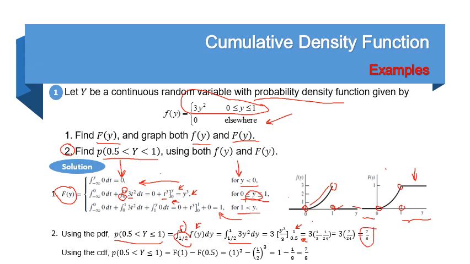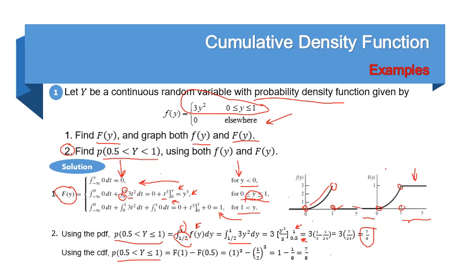You can do it using a different technique by looking at the function itself. If you need the probability that your y is between 0.5 and 1, use the capital F, the large curly bracket we obtained above, which gives the probability that y is less than or equal to a value.